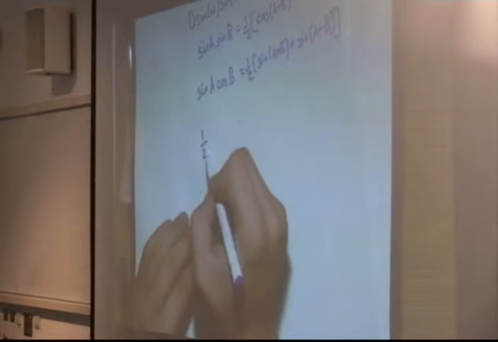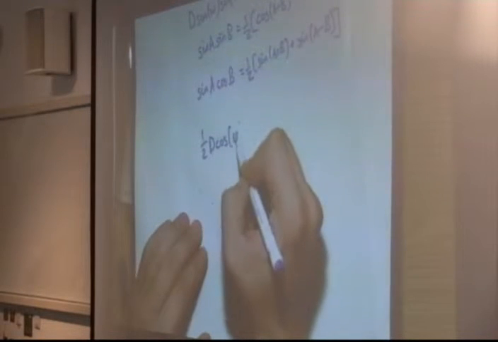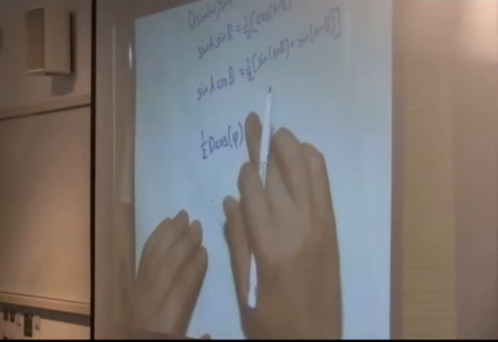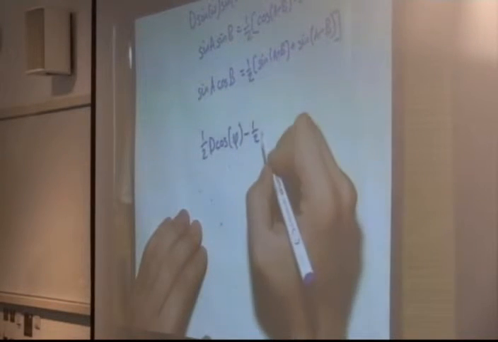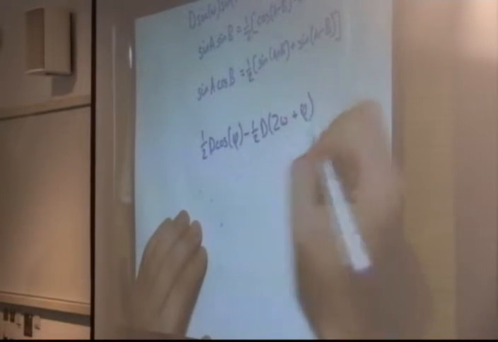So when you multiply these together using these results, you get a half times the data times cos of the phase error, minus a half times the data times cos of 2 times the frequency plus the phase.